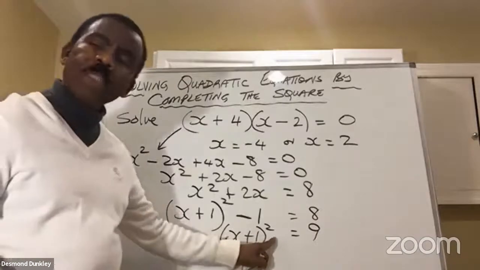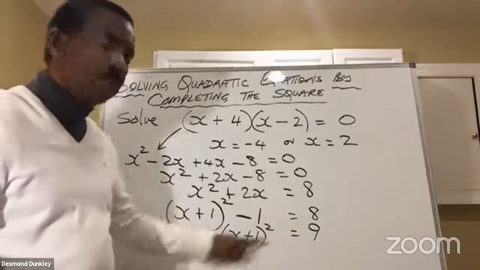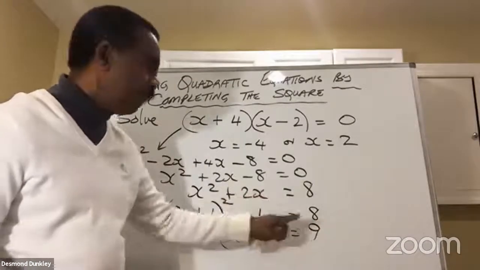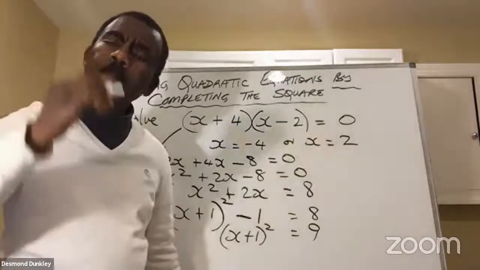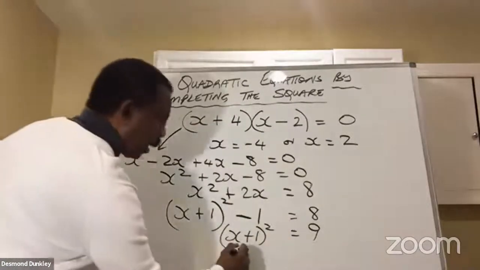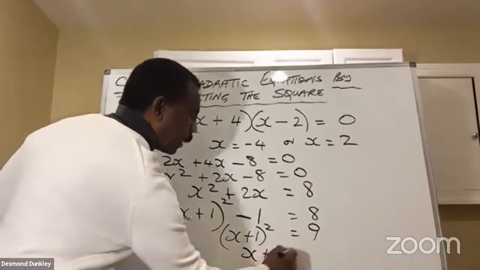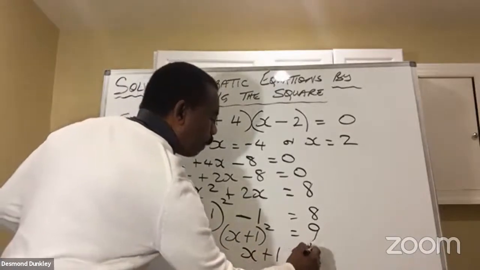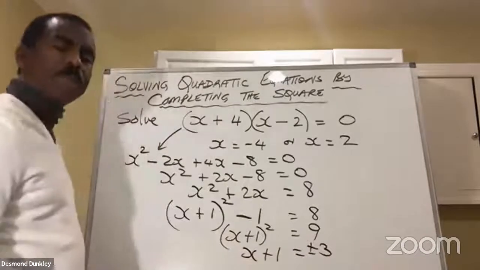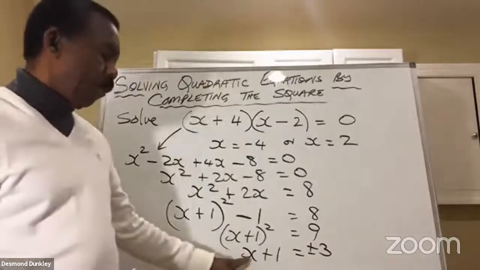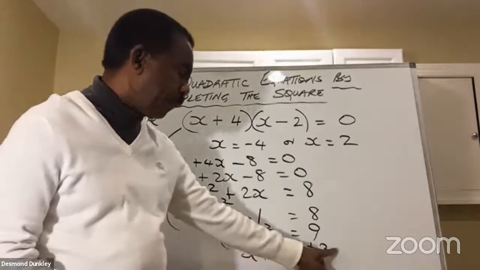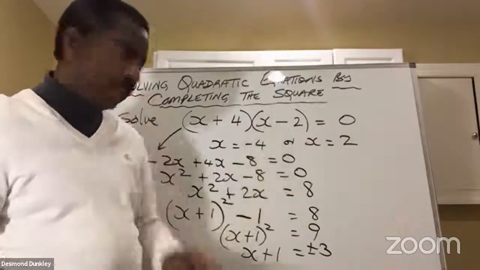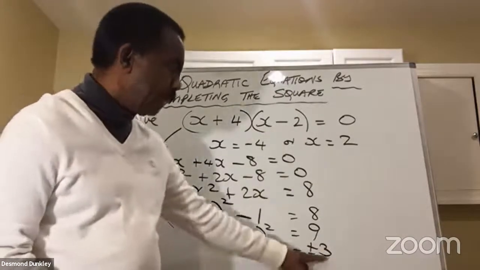We need to get rid of the square by finding the square root of both sides. When we find the square root of 9, we're going to get plus 3 or minus 3. So we end up with x plus 1 equal to plus or minus 3. That's the square root of 9. So we're going to get one answer by subtracting 1 from positive 3, and the other answer by subtracting 1 from negative 3.